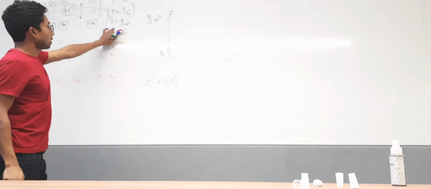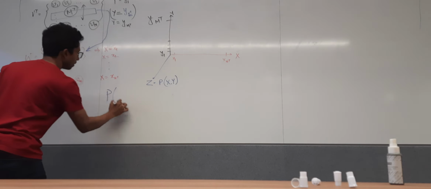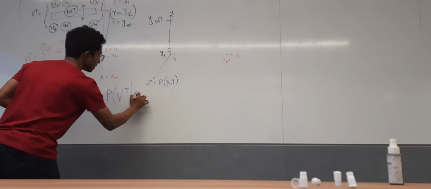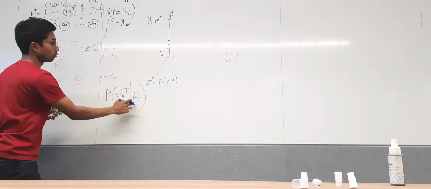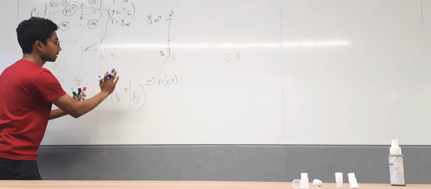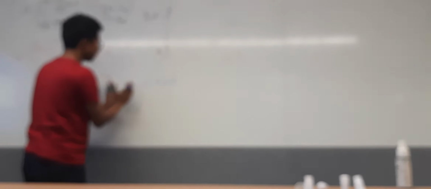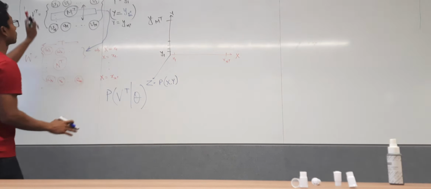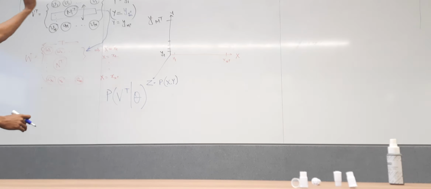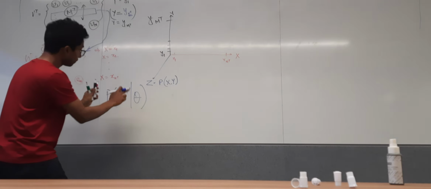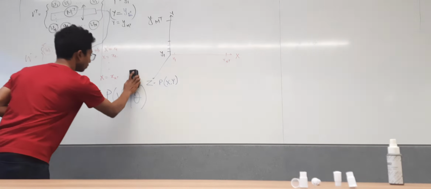And basically what I'm looking at here, this thing p of vt given theta, don't think of it as a conditional. Theta is not a random variable, theta is a hidden Markov model that has the known values of A, B, n, m, everything. So basically we are looking at p of vt, and we can remove this theta.